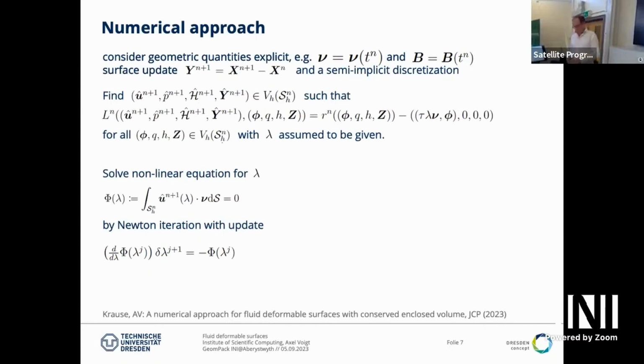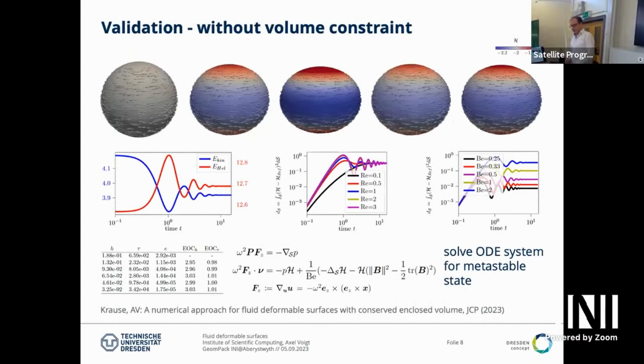Okay. But now we can first look at some phenomena which occur here. So first of all, we forget about this volume conservation. So we start with a sphere and a prescribed rotating velocity field on it.